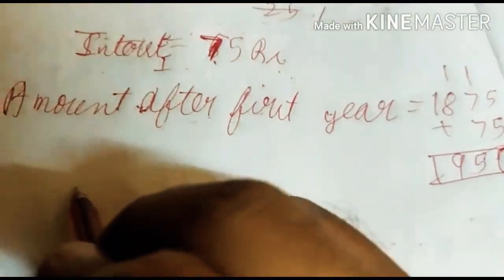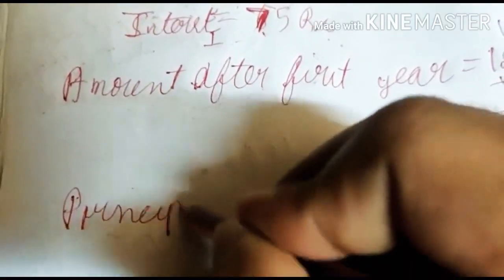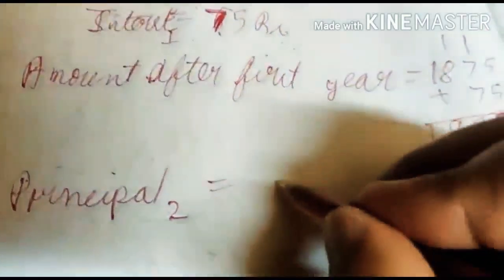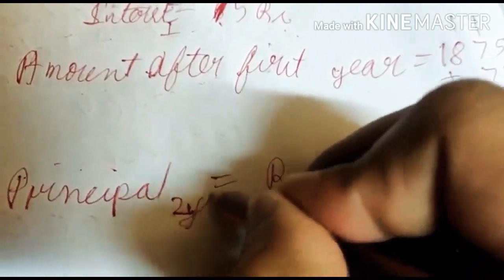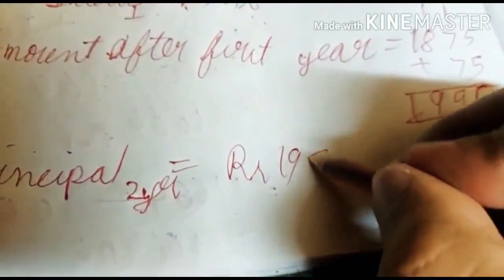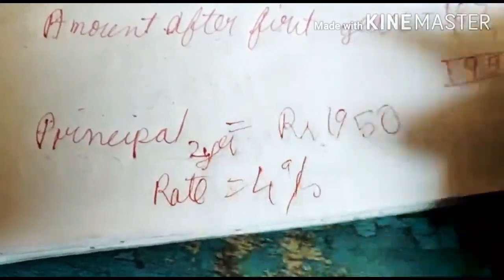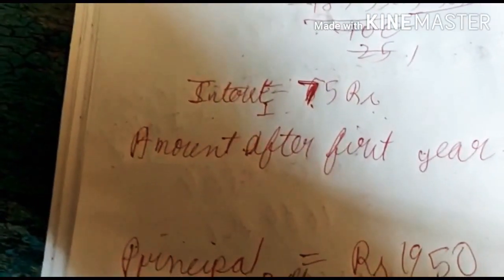Principal 2, second year, is 1950. Rate here is again 4%. Time here will be 1 year, as we have to calculate interest for the second year only, not the whole, but only the second year.